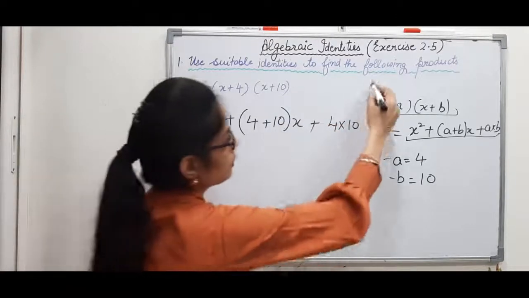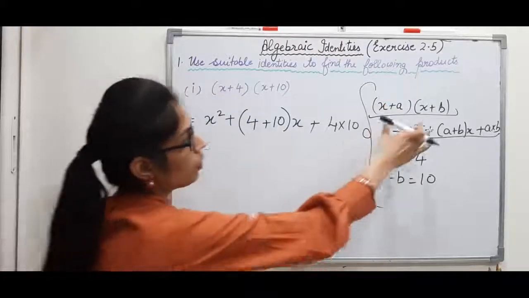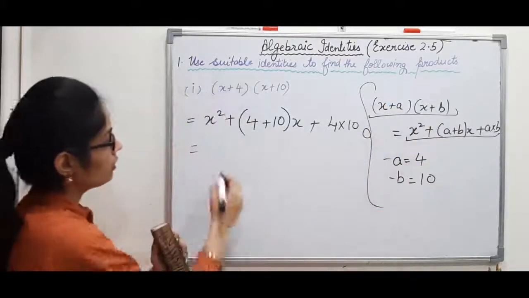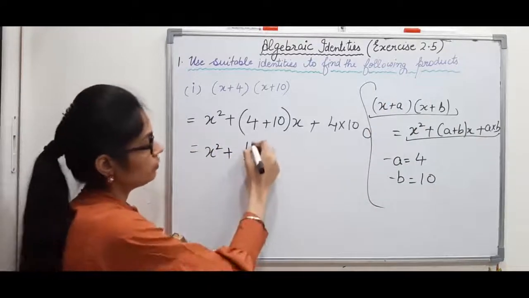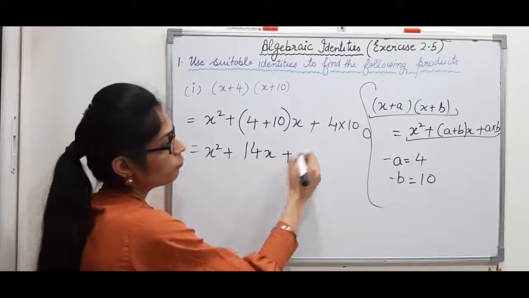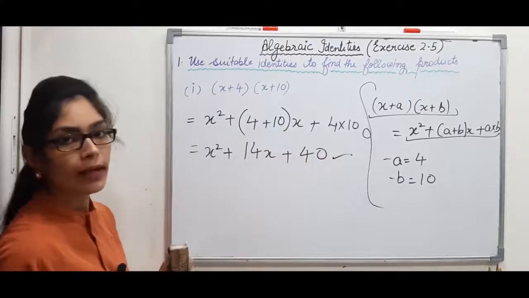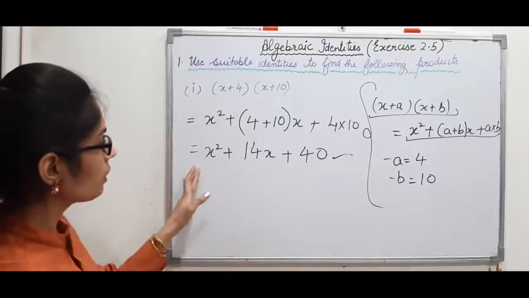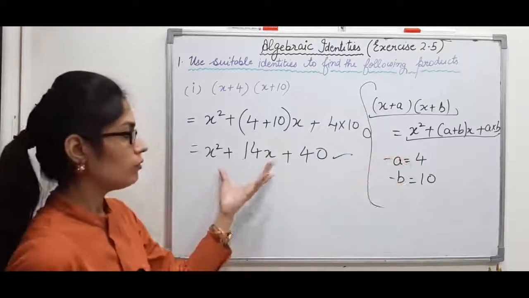You have to mention why you are using this, because of this identity. x square, 4 plus 10 is 14x, 4 into 10 is 40. So this is the required product. We have just used the identity and found the product.